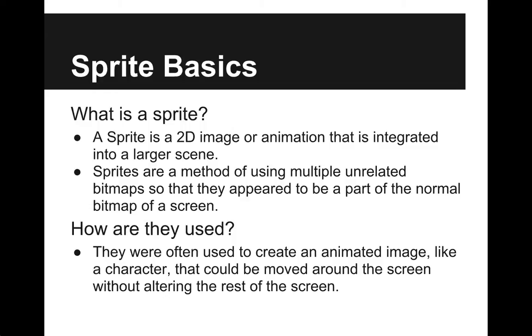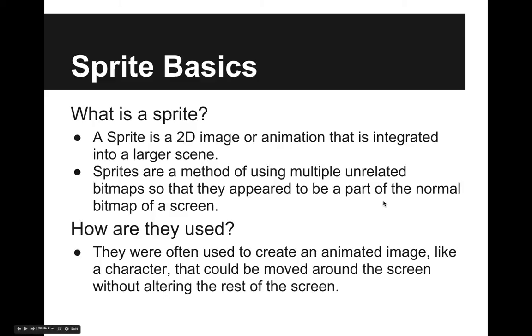This group of 2D images is made to make an animation, and you typically do this where you want them to appear to be part of the actual background and the world you're seeing on the screen, but you need them to move and change differently without changing the background images. So they're typically used for animations, especially of your character or items in the game.